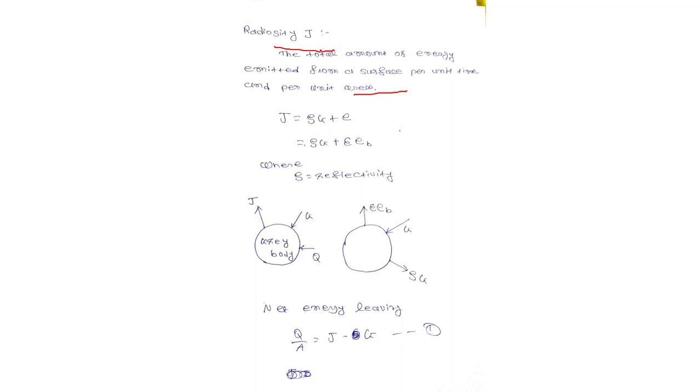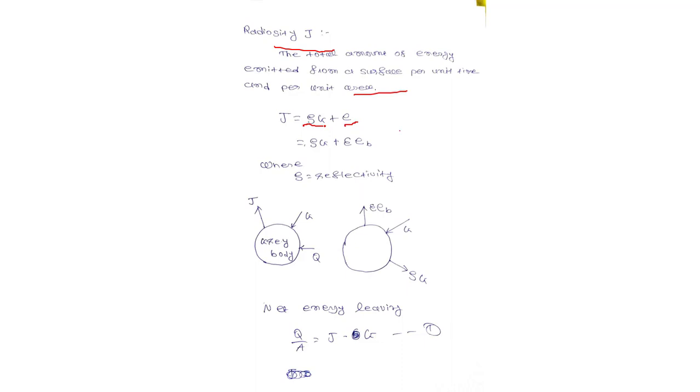Now from the definition we can say that this is the emission or emitted energy, and we know that the energy reflected is irradiation times reflectivity. All the energy received from all directions and all wavelengths multiplied by reflectivity is the energy reflected from any surface.